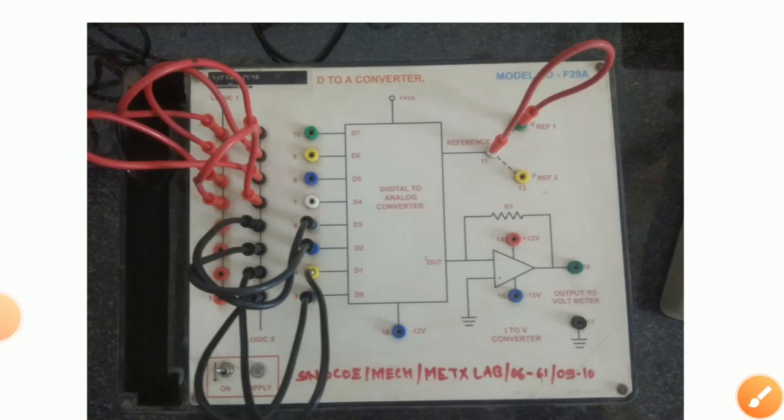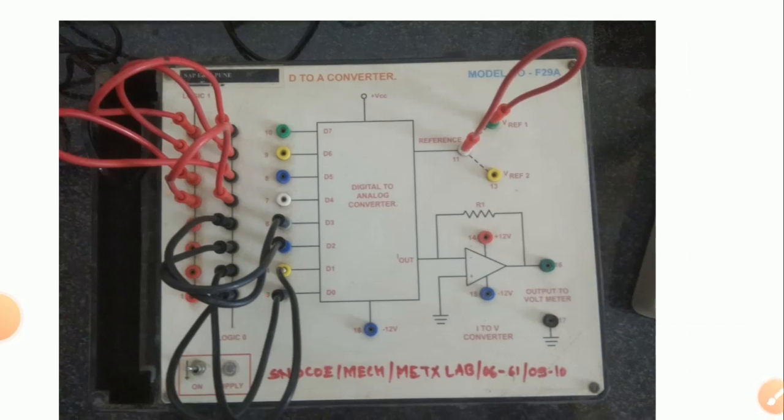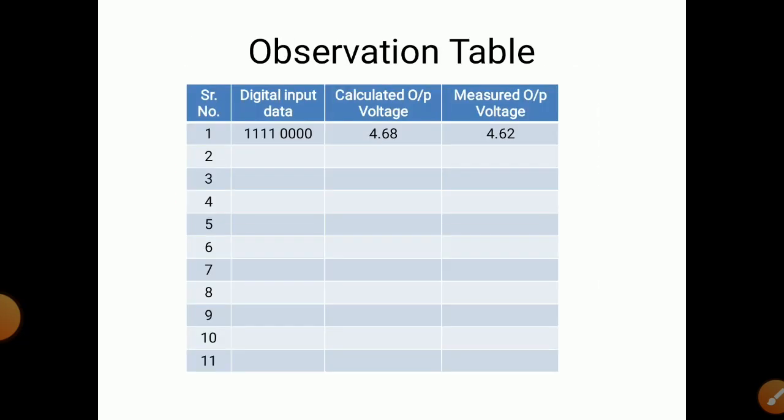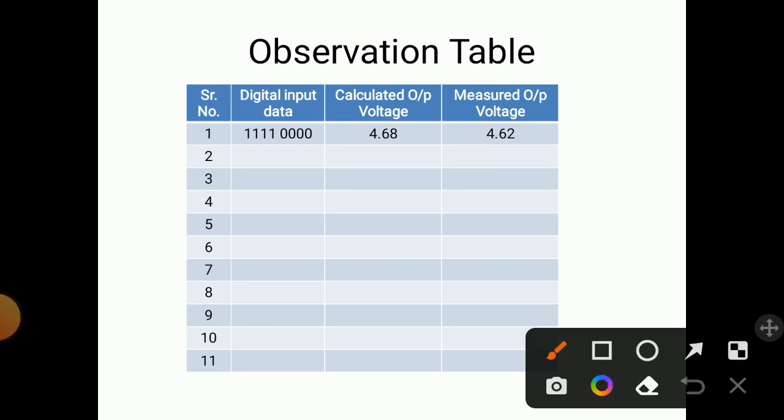Next, what is the observation table? In the observation table we have to give different digital input data in the form of 1s and 0s. Then we have to calculate the output voltage. There is one formula available.